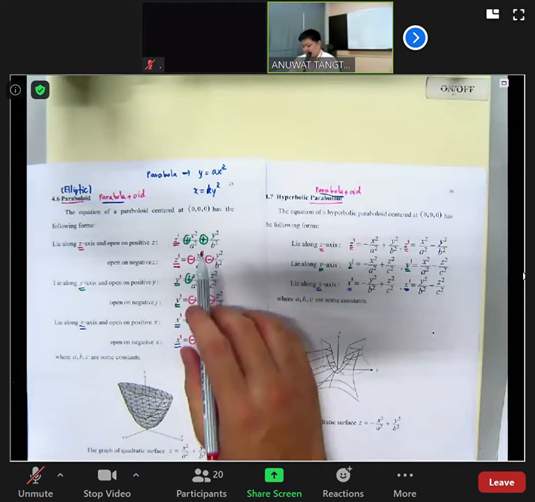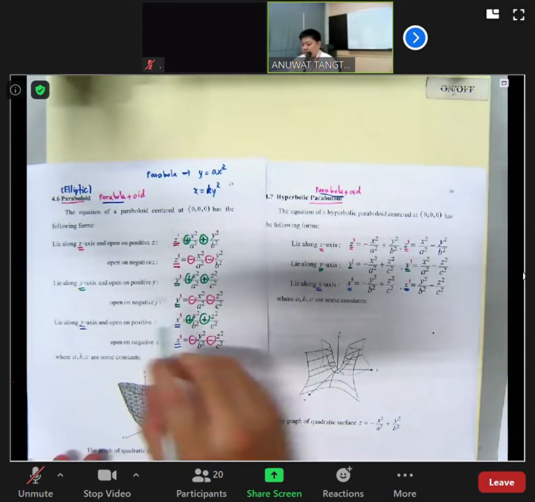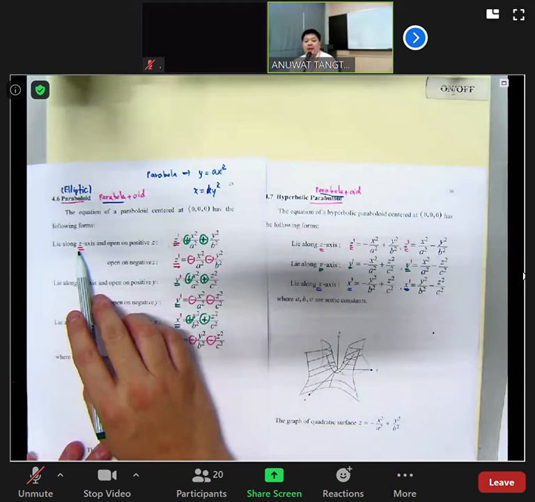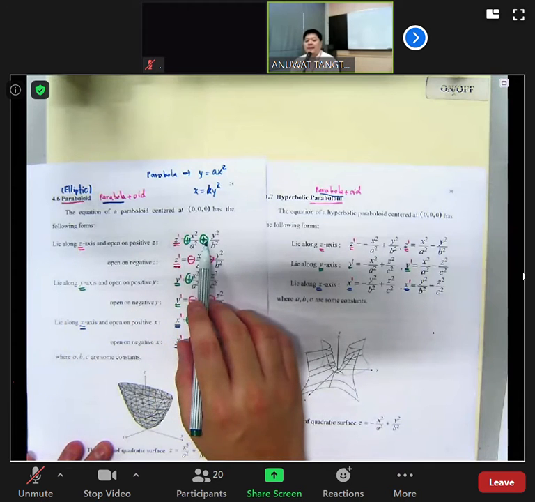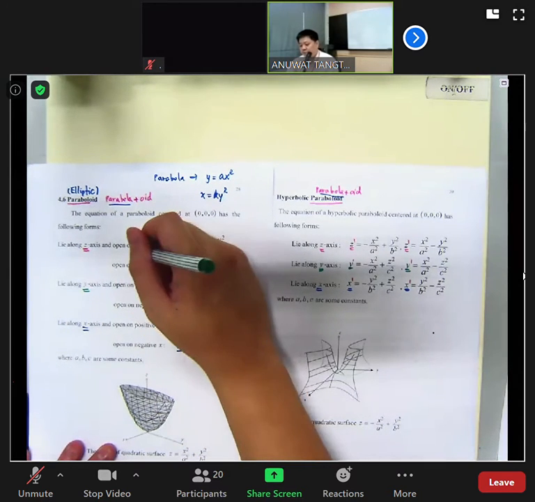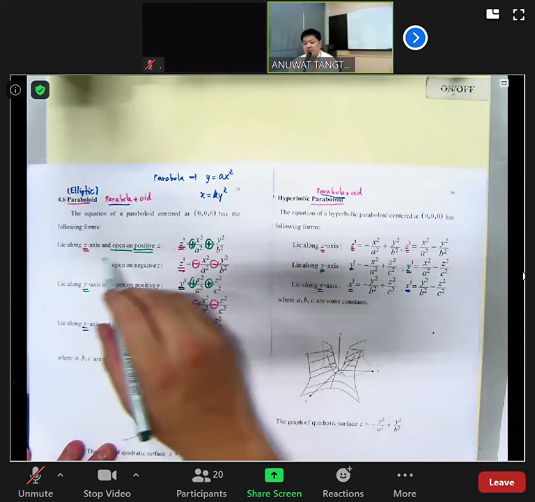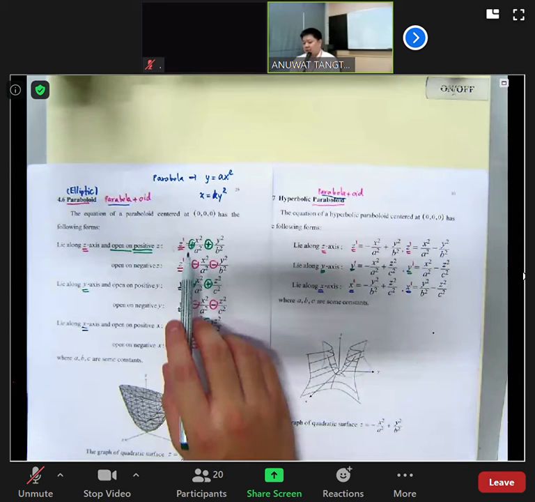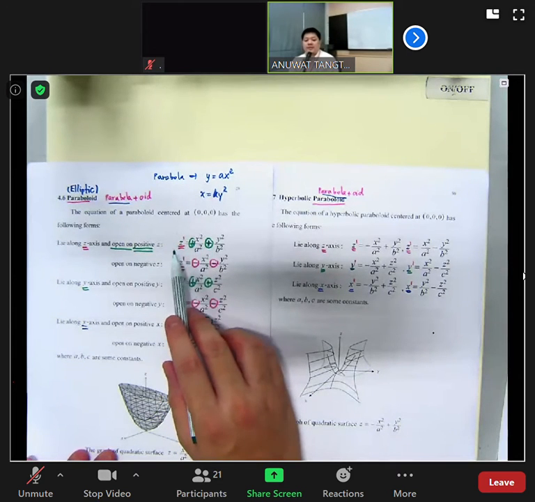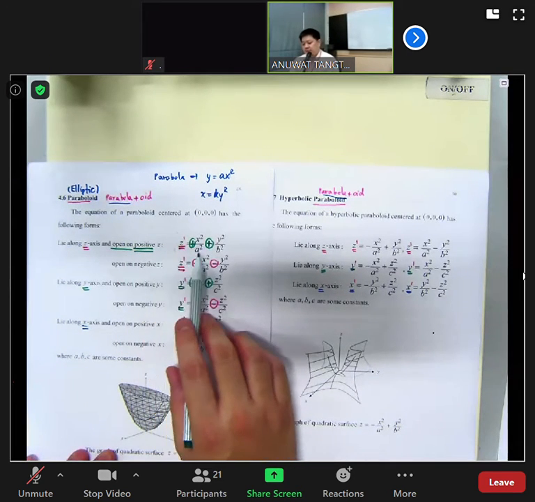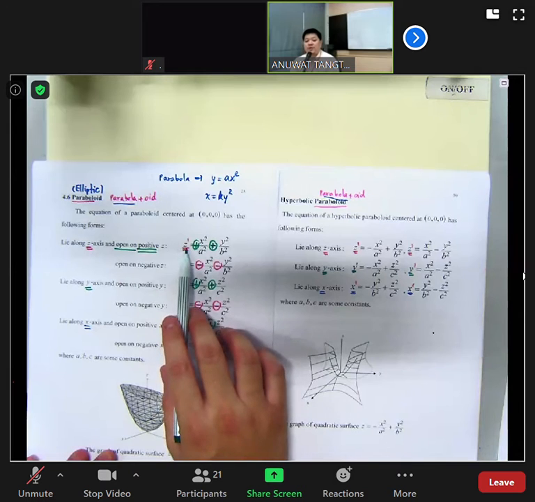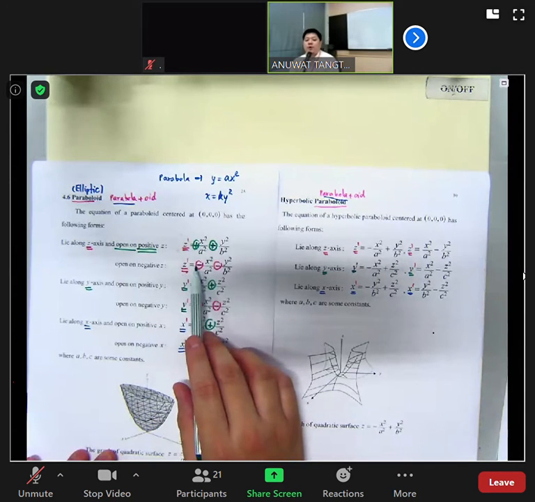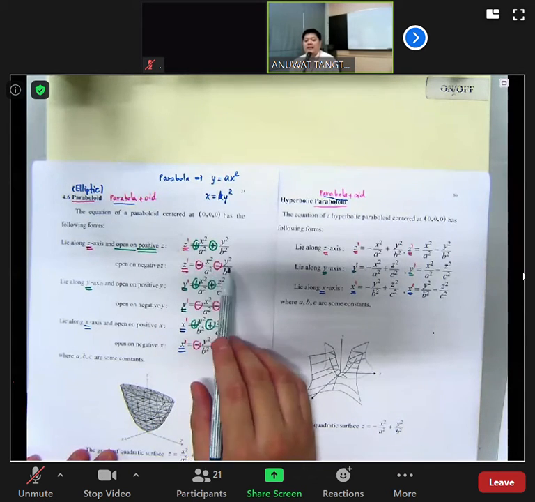Okay? And this one lies along the z-axis, right? If both of them are positive, then it would be open on positive z, because if these two are positive, then z is positive. However, if both of them are negative, then this one would be negative.